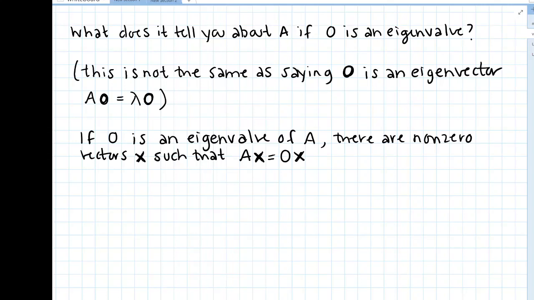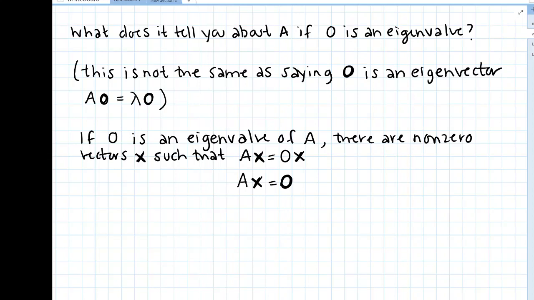So what do you get when you take 0 and multiply it by any vector? You get 0. So if 0 is an eigenvalue, that's telling you that there's a non-zero vector x that when you multiply it by A, you get the 0 vector. And what does that tell us? That tells us that A is not invertible, right?